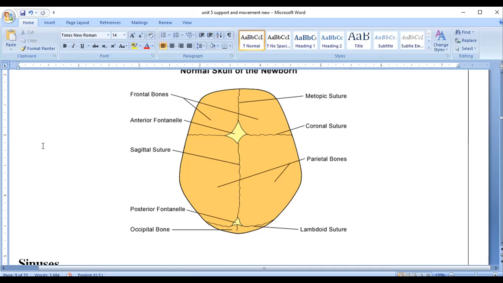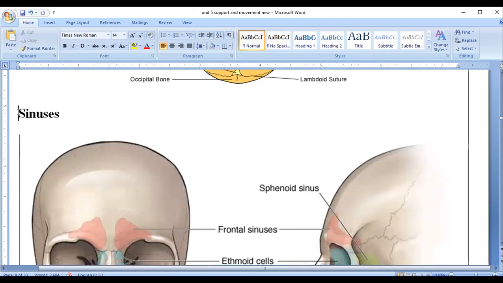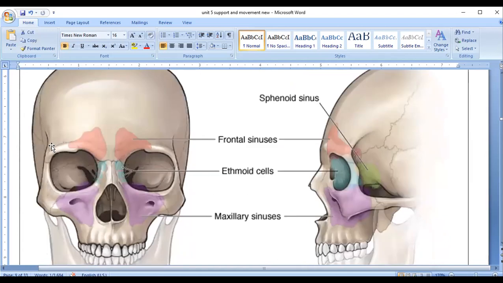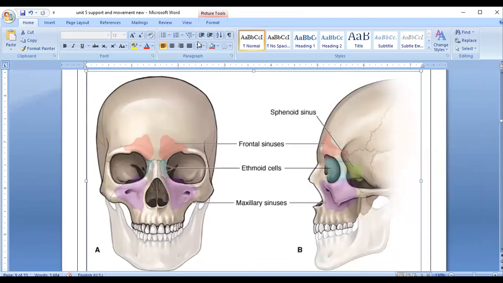Coming to the next one, that is regarding the sinuses. This word is very familiar among us. People say, I have a sinus problem or I have sinus. Actually, what does sinus mean? They are air-filled cavities.